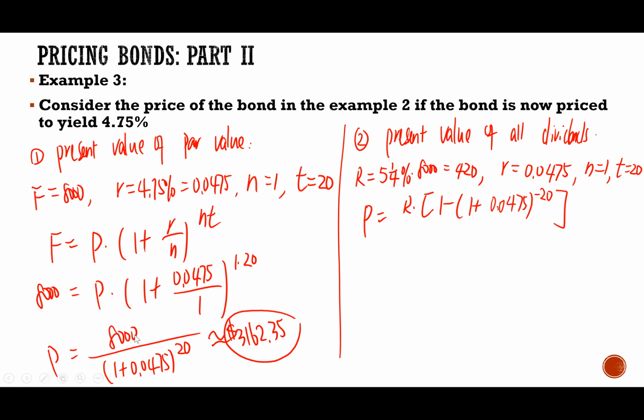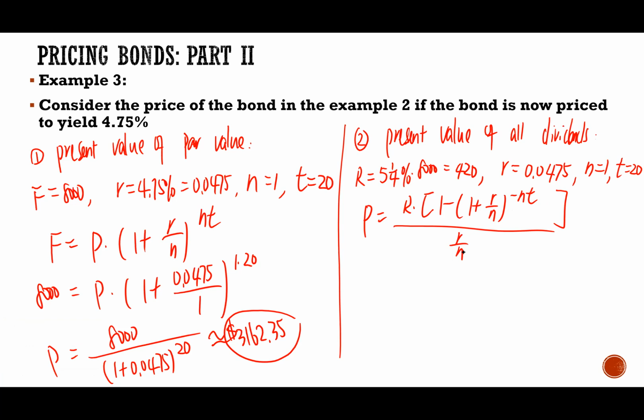I should write out the formula one more time before I put in the numbers: r over n to the negative nt, over r over n.